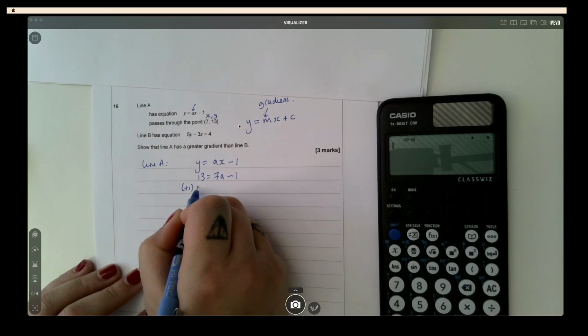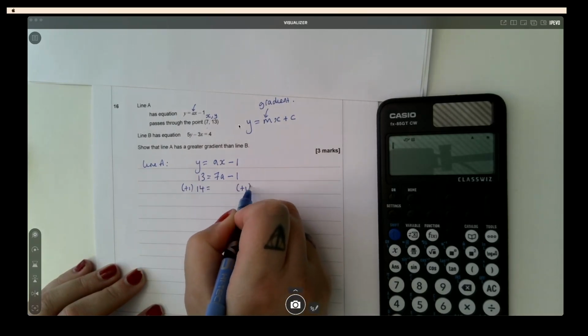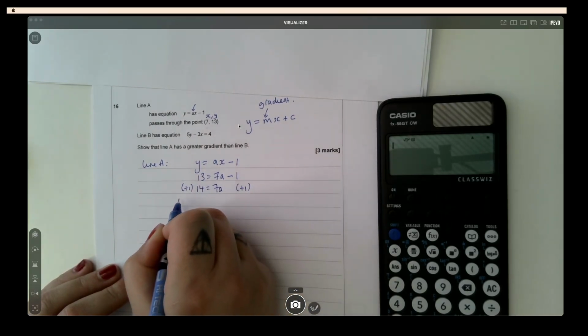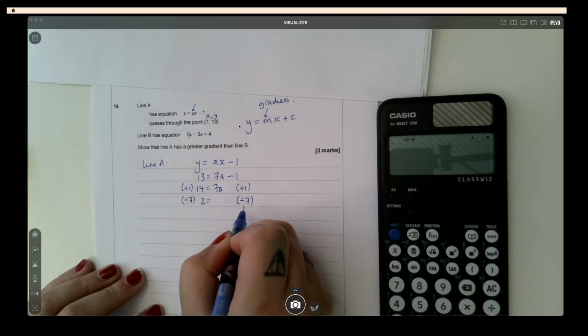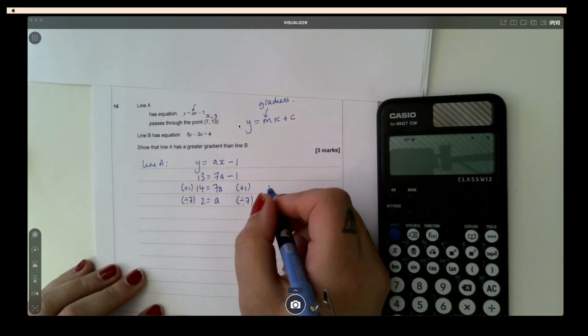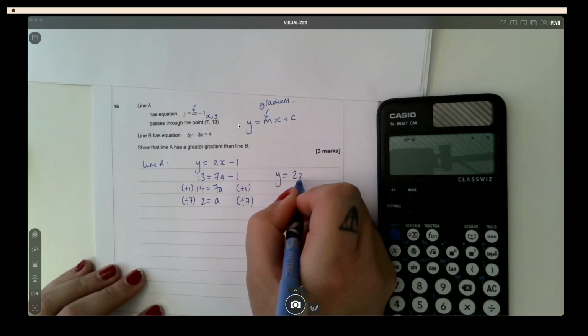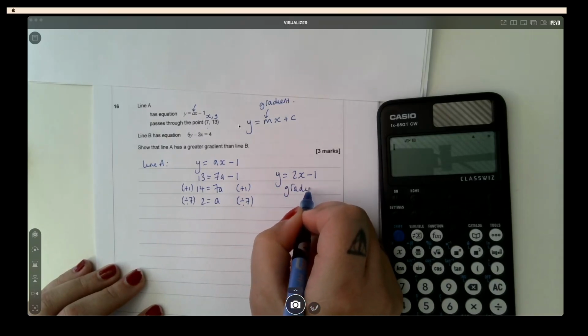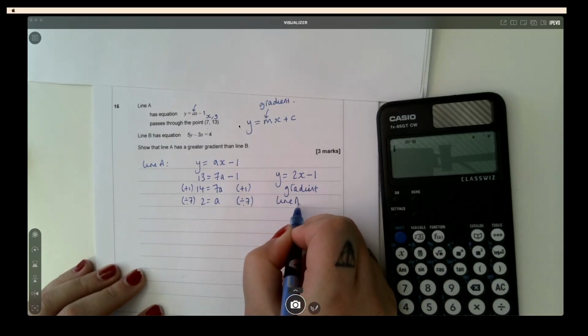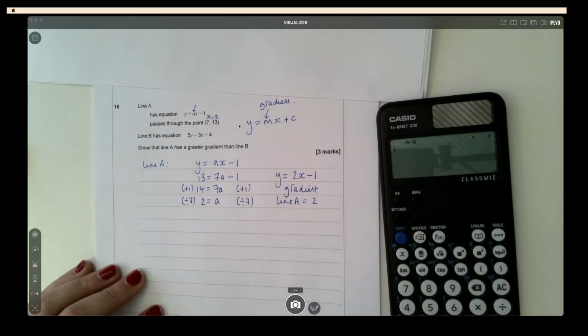So I'm going to add 1, and then I'm going to divide by that 7. So a equals 2. So line A has the equation y equals 2x subtract 1, which tells me that the gradient of line A is positive 2.